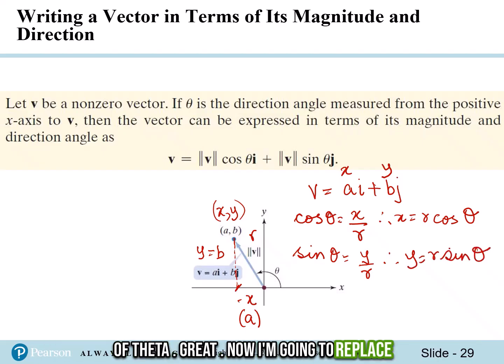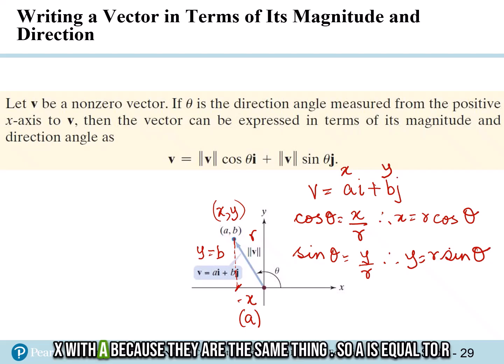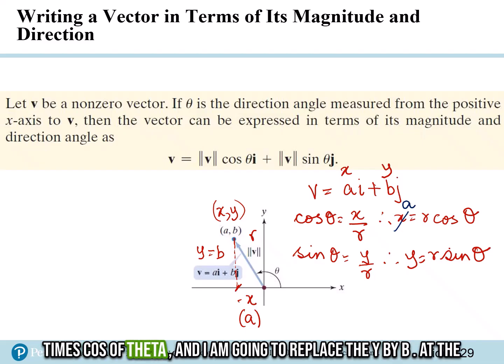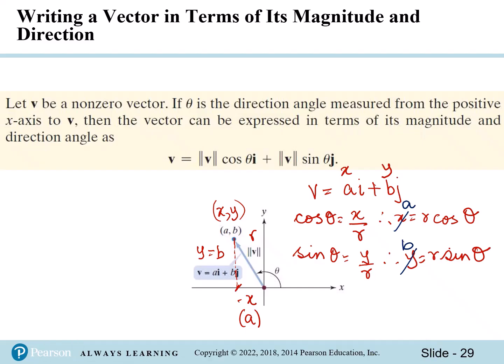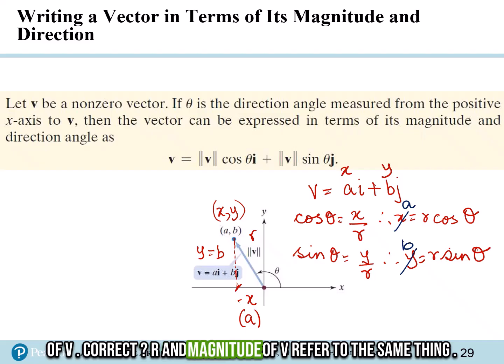Now I'm going to replace x with a because they are the same thing. So a is equal to r times cos of theta, and I'm going to replace the y by b. At the same time, I'm going to replace r with the magnitude of v. r and magnitude of v refer to the same thing.